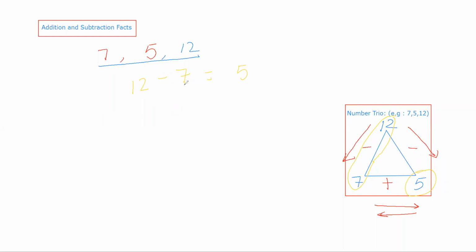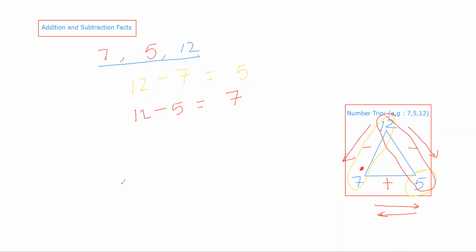Now let's go to the other side of the triangle. This time I'm going to pick out this side. So again read in the correct direction downwards. 12 minus 5, and the answer to this equation will be my third, remaining number, which is the 7. Okay, these are my two subtraction facts.